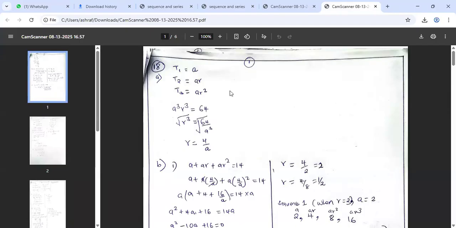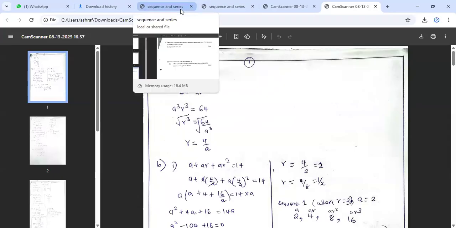And then T3 is AR squared for a geometric progression. So you had been told that the product is 64. So you multiply the 3. So we've multiplied A times AR times AR squared. We get A cubed R cubed equals 64. Then you divide both sides by A cubed and then you cube root. So you get your R as 4 over A.